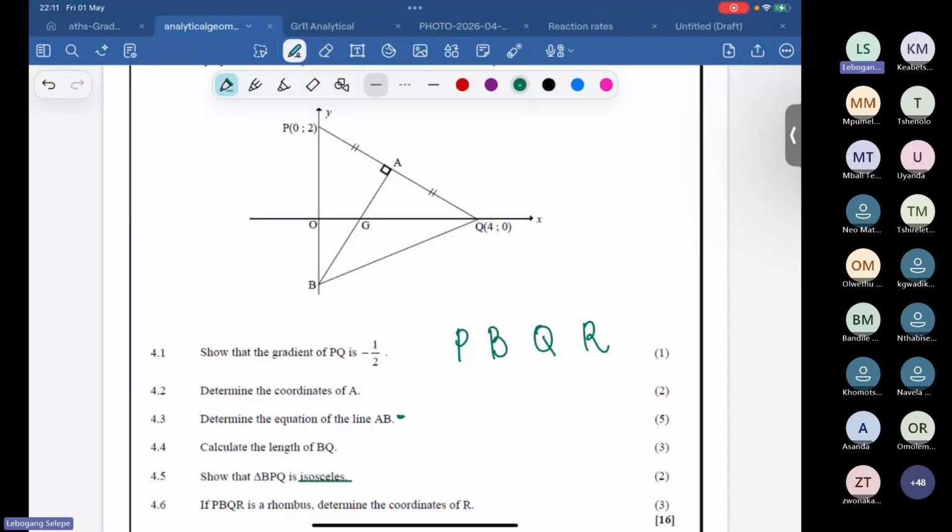So P is the first one, B is the second one, Q is the third one. That means R is the fourth one.